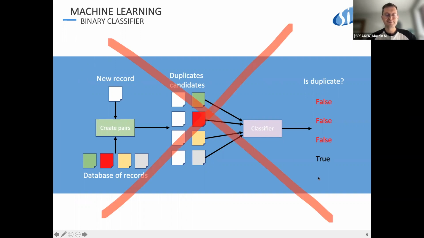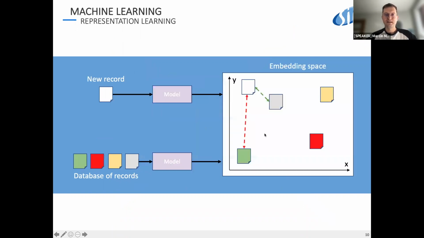However, this solution wouldn't scale up because for each new record, we would require pairing it with all the other millions of records in the database and then running such a huge data set of pairs through our classifier. And that would be definitely too time and resource consuming.